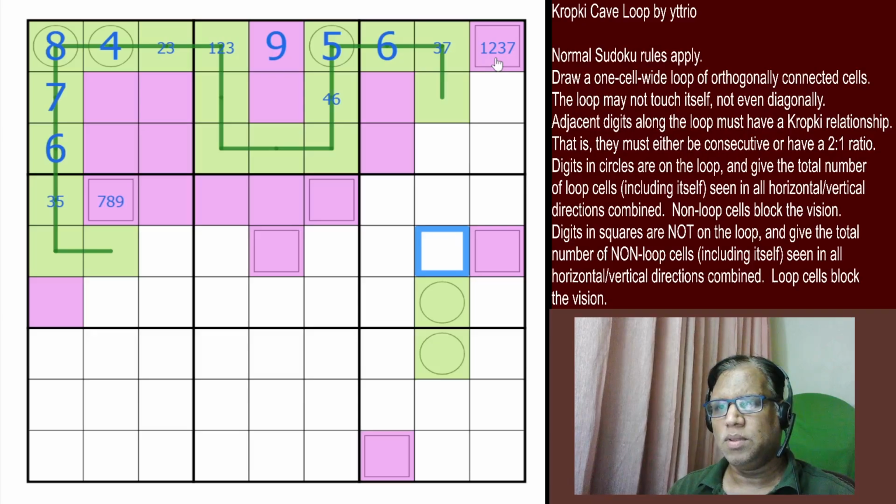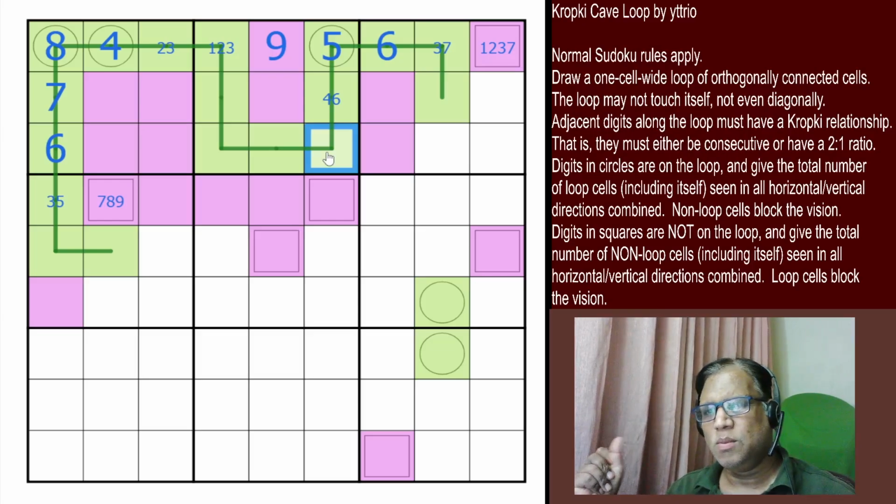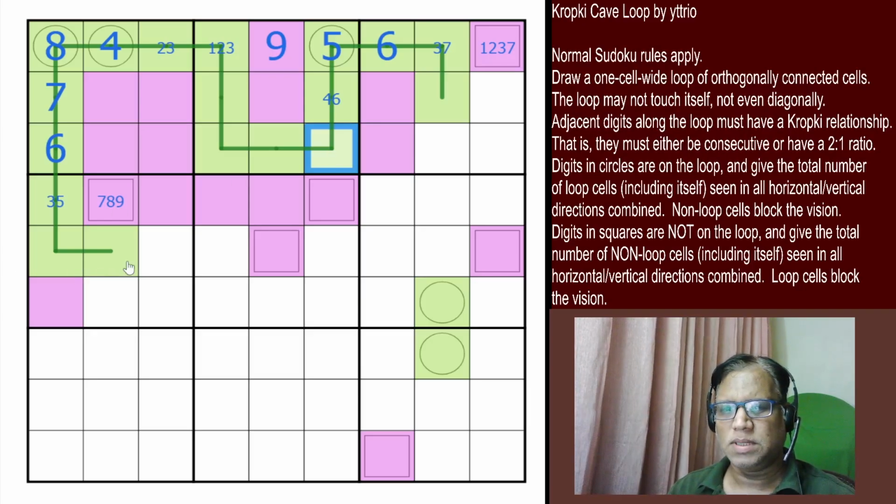2, 3, 1, 2, 3. 5 is 4, 6. A lot of options right here now. Yeah, after this, what is happening now? 7, 8, 9.